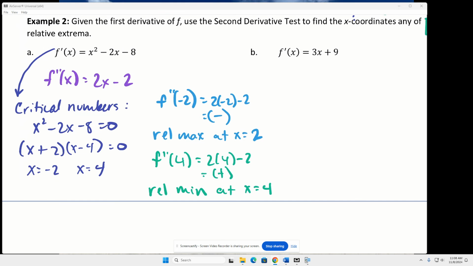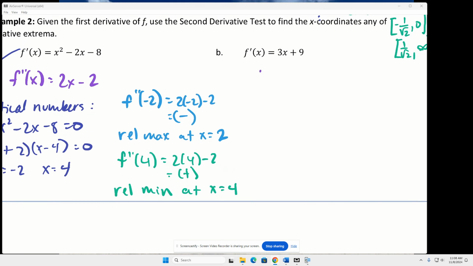All right, so let's do B real quick. What's my critical number going to be? So you just think about what's going to make that 0. It's definitely -3. Or set it equal to 0, whatever you need. Oh, well.